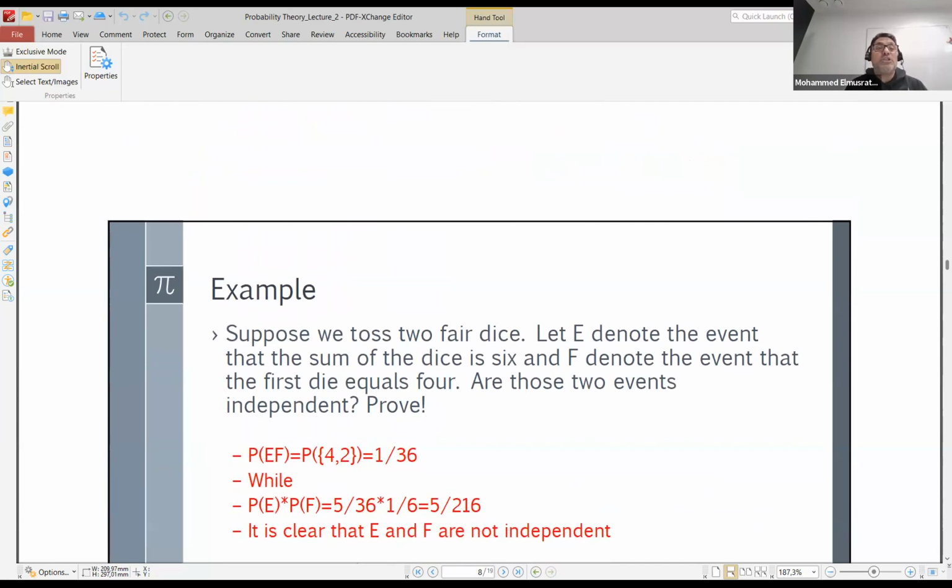Okay, let me change to the PowerPoint. It is easier to move than this one. So I just stop. Okay, unfortunately, I couldn't find it, so let us go back to that.